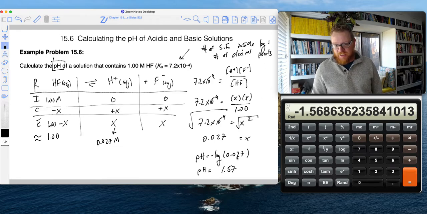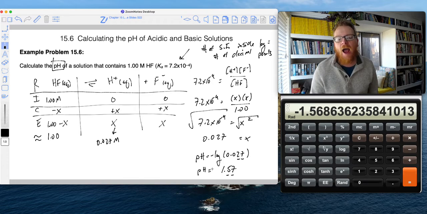So look, I had 2 sig figs inside the log. The leading zeros are not significant. So there are 2 sig figs inside the log, and now I end up with 2 decimal places in my final calculation. That's how the log rule works with sig figs.